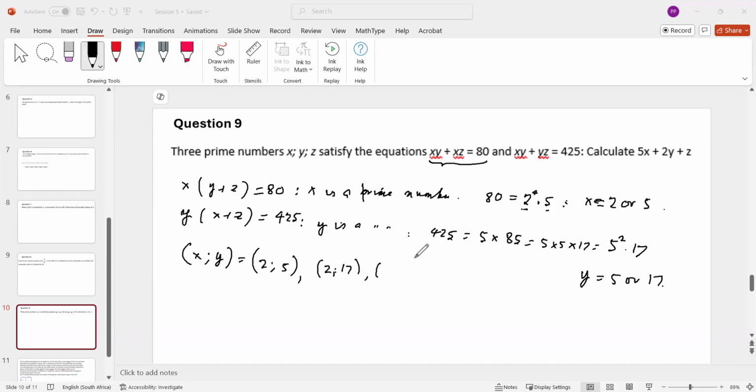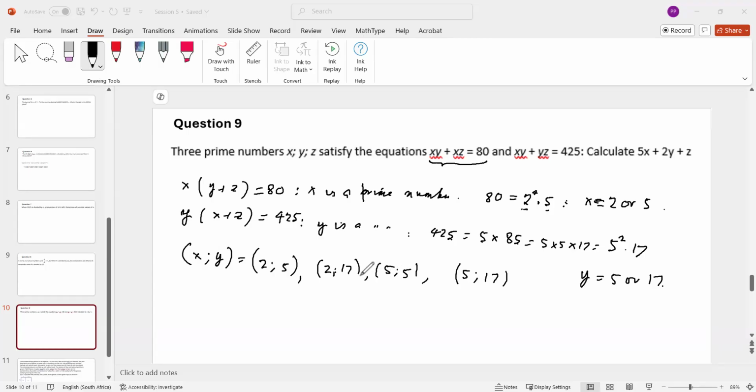Or you could have x is 5 and y is 5. Or x is 5 and y is 17. That gives you all the possible pairs of x and y, and you can see x and y are prime numbers. So one or more of these pairs actually works.